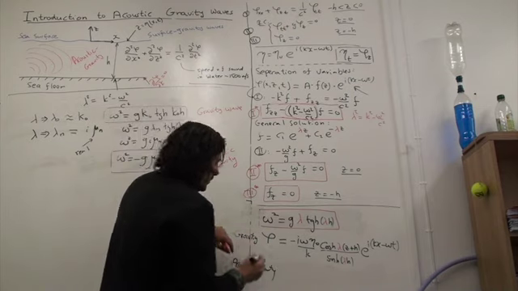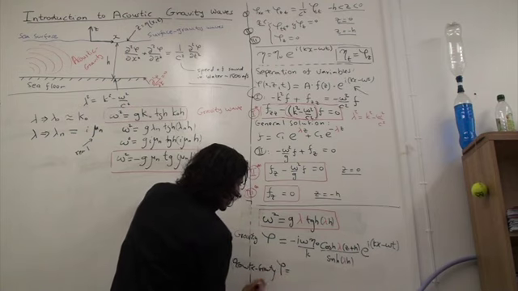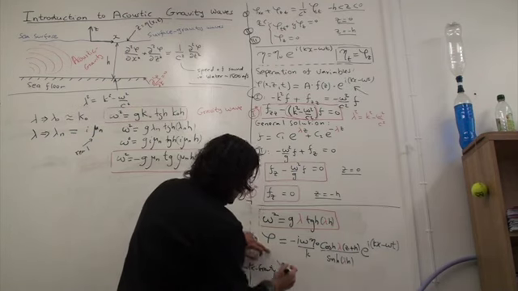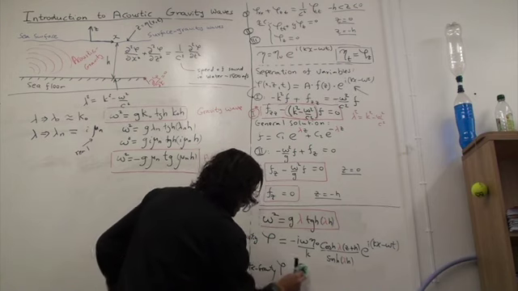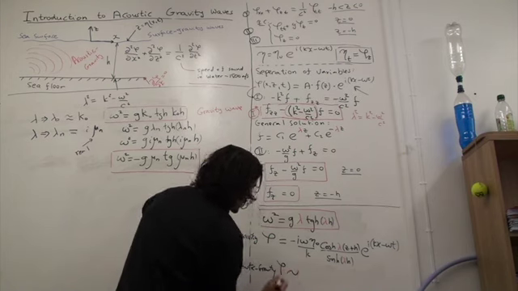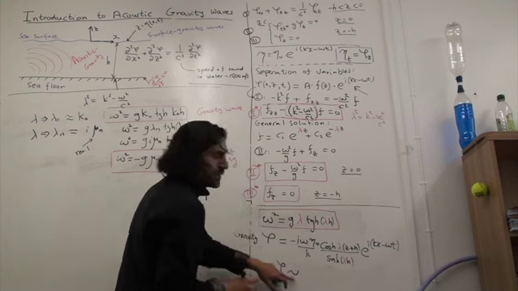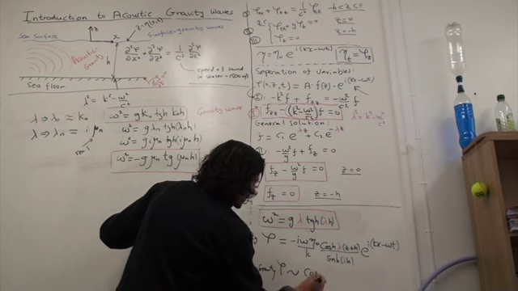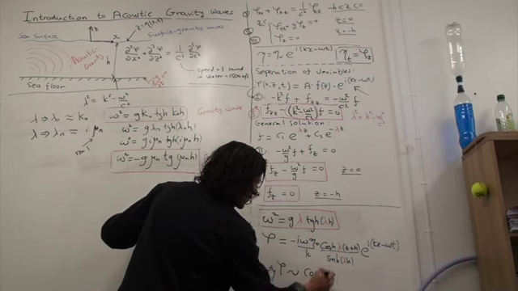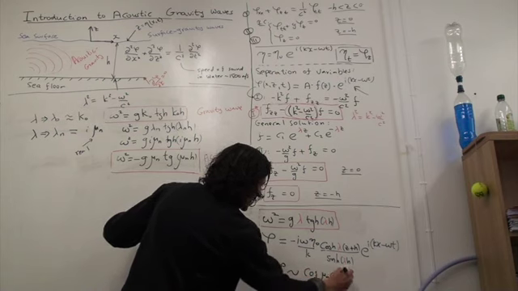Then what you have now is phi equals, everything is the same here, minus i. I'm not even going to write that down. The only change is that the hyperbolic cosine is no longer hyperbolic cosine; we're going to have cosine of mu n times (z plus h).